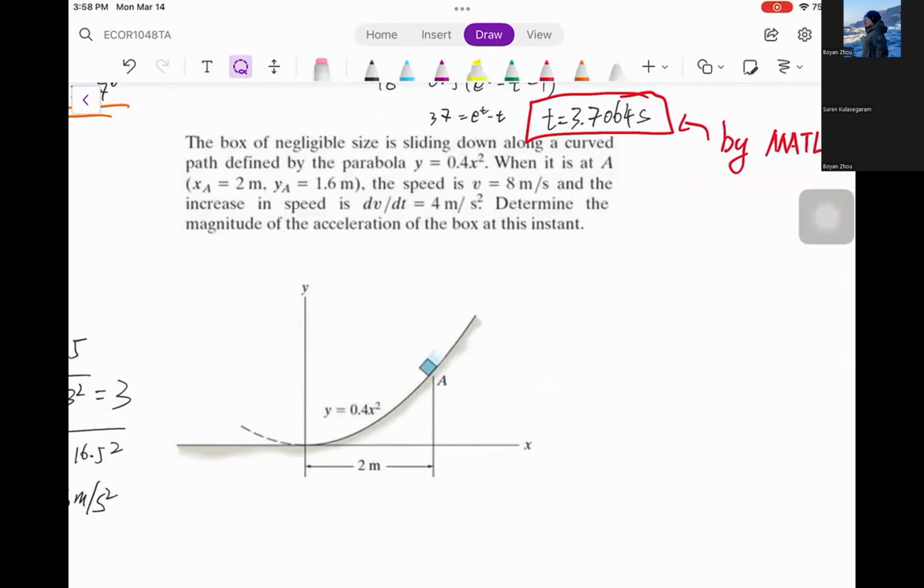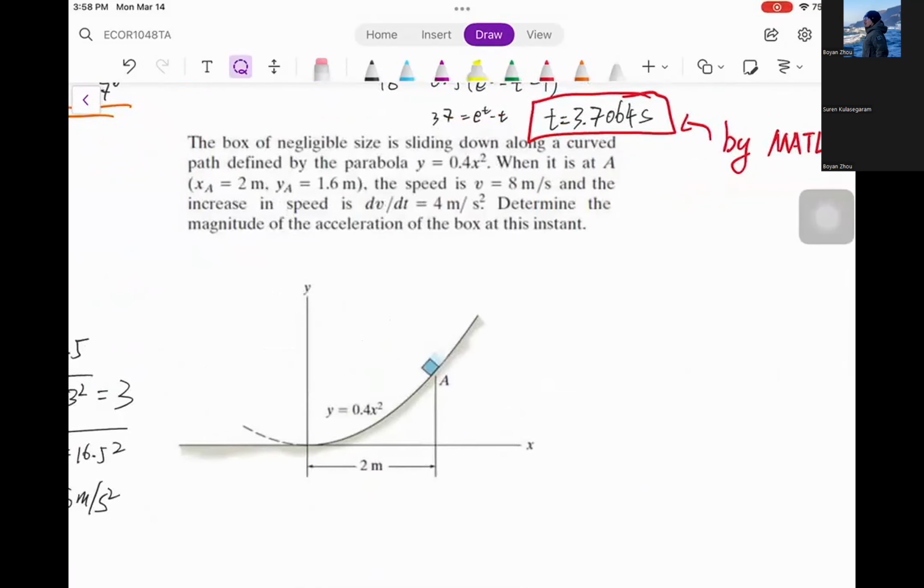So this one, we have a box moving on a parabola. And the equation for the parabola is also given: y is equal to 0.4 x to the power of 2. And we're going to find the magnitude again, so we don't need to worry about the angle.